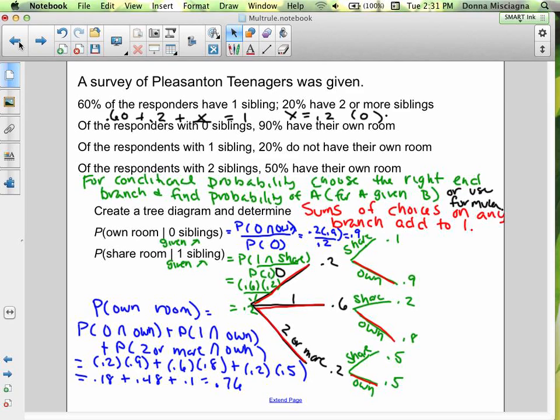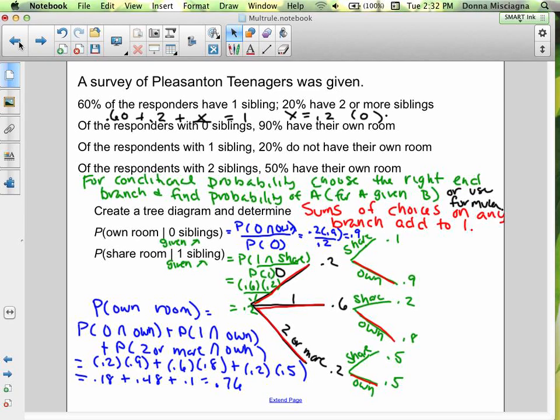And then we multiplied the probabilities for each of those, because those are 2 events. Then, since it's the probability of 0 and own, or 1 and own, or 2 or more and own, we added all those probabilities together, right? We had 3 favorable outcomes, and we added those probabilities together.